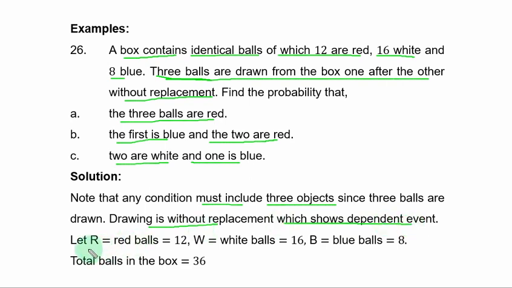So let R be equal to red balls, and they are 12 in number. W, white balls, they are 16. B, blue balls, they are 8. Total balls in the box is equal to 36. That is 12 plus 16, 28, plus 8. You have 36 balls.